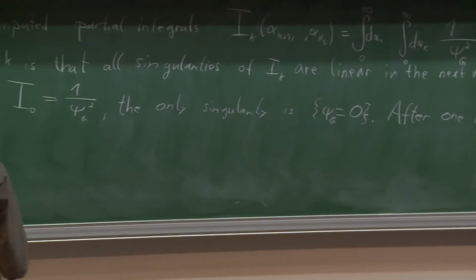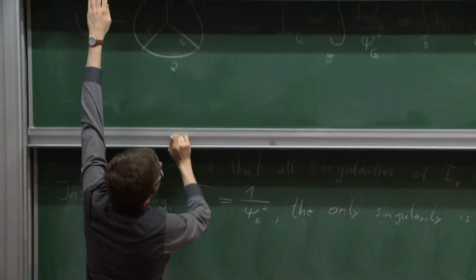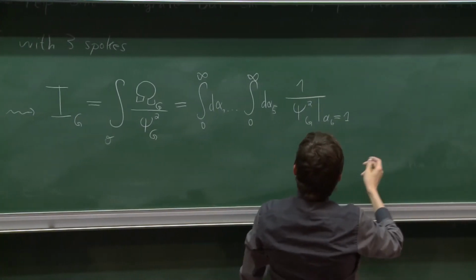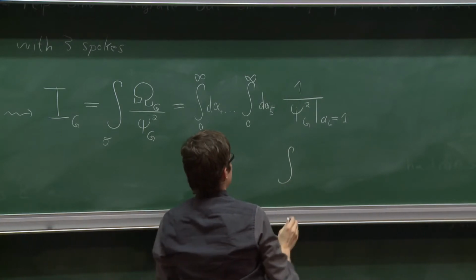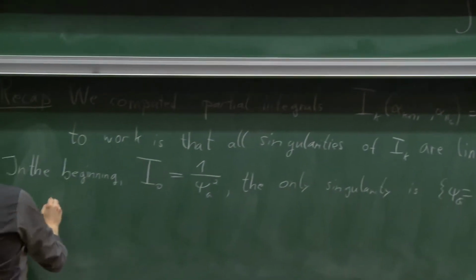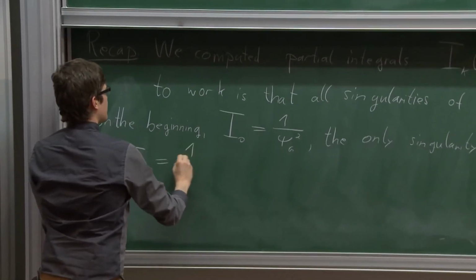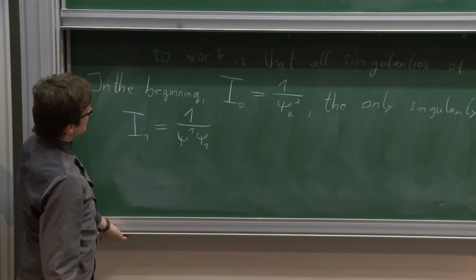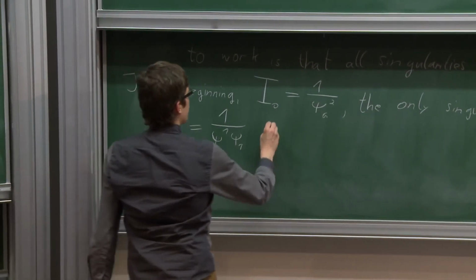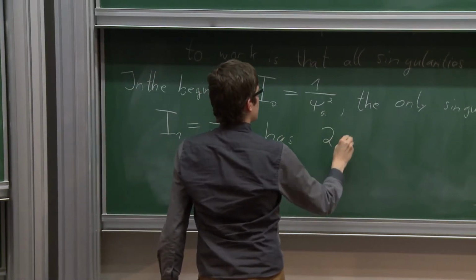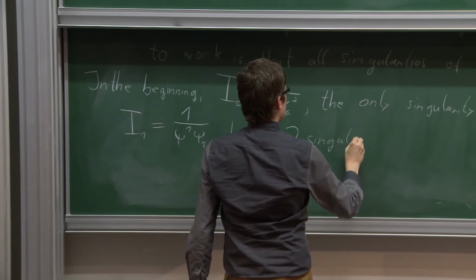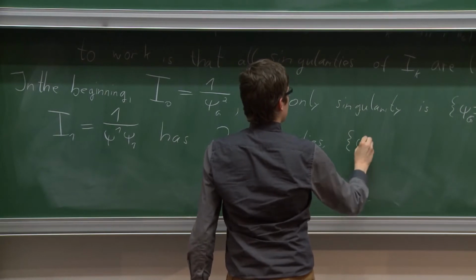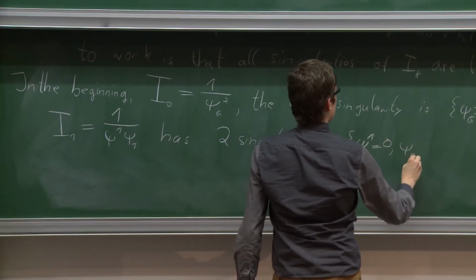I'm not sure if I still have it anywhere. Oh, I still almost do. So after one integration, what are you doing? We did this, we just got 1 over psi upper 1, psi lower 1. So apparently we now have 2 potentially different singularities. So we have psi upper 1 and psi lower 1.